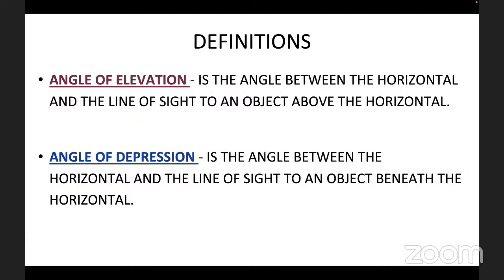So when you are looking at something above your eye level, you get an angle of elevation. When you're looking at something below your eye level, you get an angle of depression. It's not necessarily your line of vision, but whomever or whatever point of viewing we're looking from. All right, let us continue.